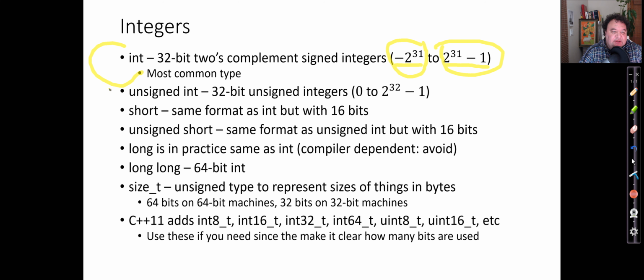Unsigned numbers don't have this asymmetry, so for example an unsigned 32-bit integer ranges from 0 to 2 to the 32 minus 1. Notice that the exponent here is different by 1. Shorts are similar, just that they have half of the bits, or basically 2 bytes instead of 4, and so they symmetrically have signed and unsigned versions.